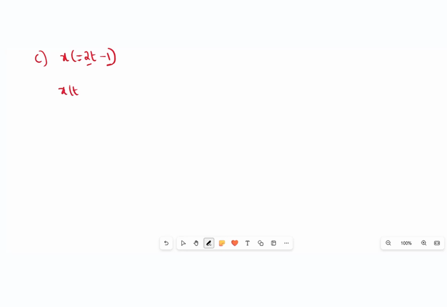So first plot x of t minus 1. T minus 1 means you have to shift to 1. So your 0 becomes 1. So you need this 2 here. Amplitude is 1. The waveform is like this. Then we will move to x of 2t minus 1.